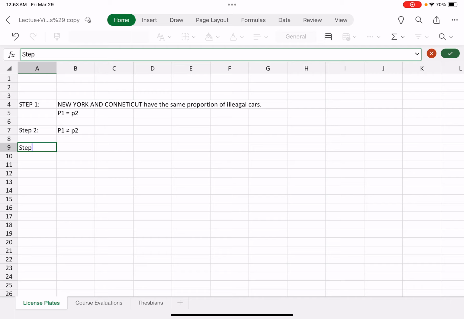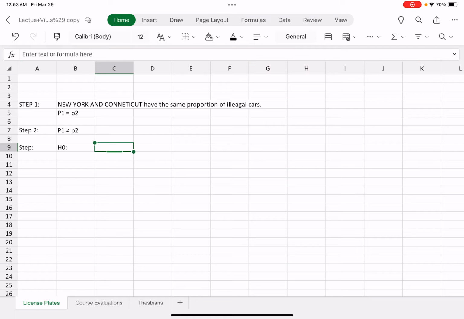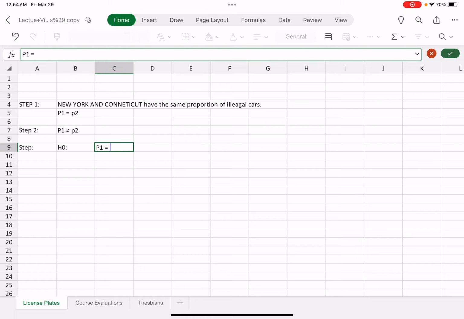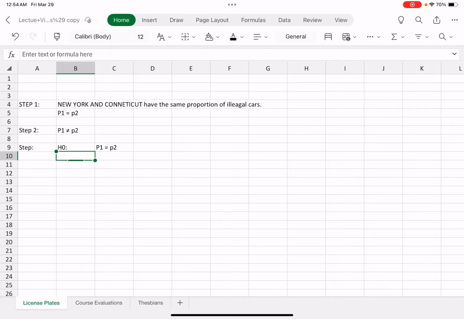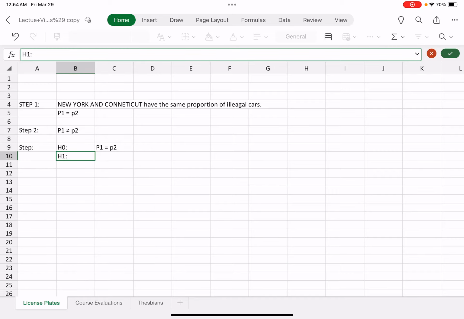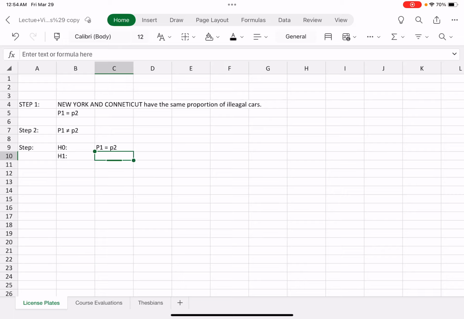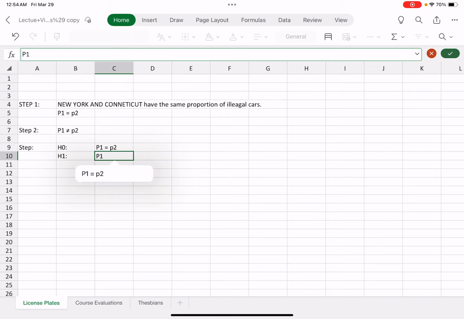Okay, step 3, the null hypothesis. For two sample proportions, the null hypothesis is always just going to be P1 equals P2. That's what we're testing. That's what we're going to assume. The alternative hypothesis in this case is going to be P1 not equals P2.